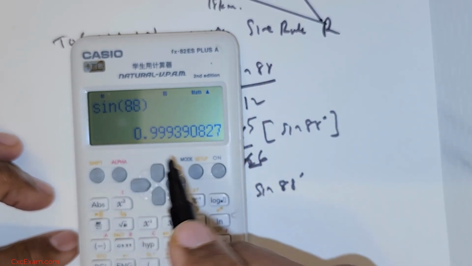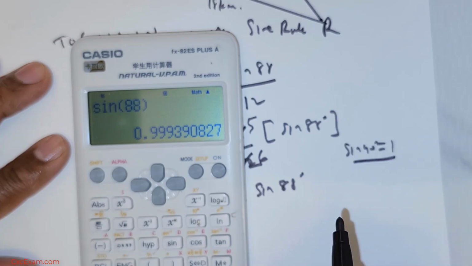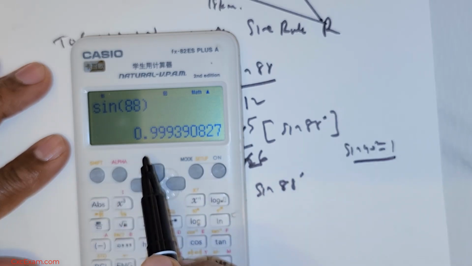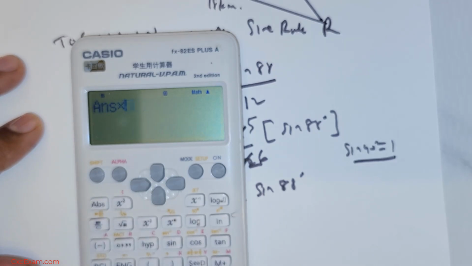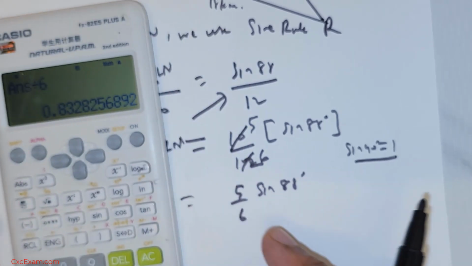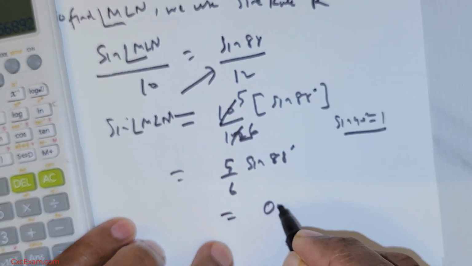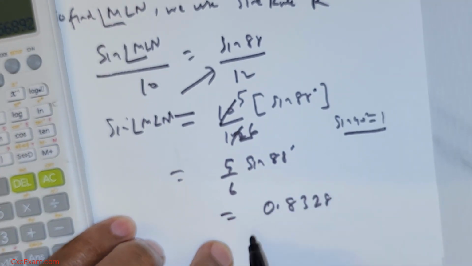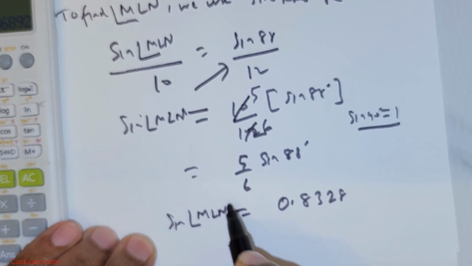Now why do I say this value is okay? Because sine 90 is 1, right? So we are getting 0.99, so that has to be multiplied with 5 and we divide it by 6. So the value that we are getting is 0.8328. I'm getting 4 places. So this is sine of MLN.